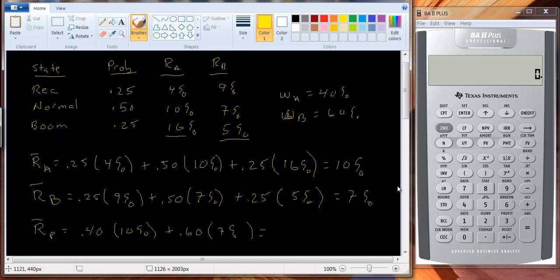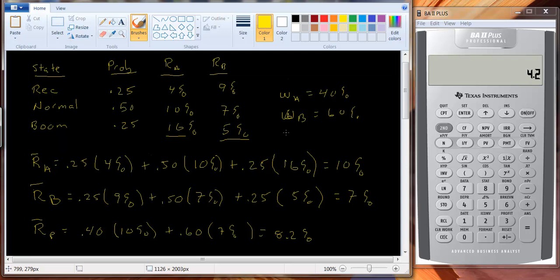If we work that out, 0.6 times 7 is 4.2, 0.4 of 10 is 4, so 8.2%. So the expected return for our portfolio is 8.2%.